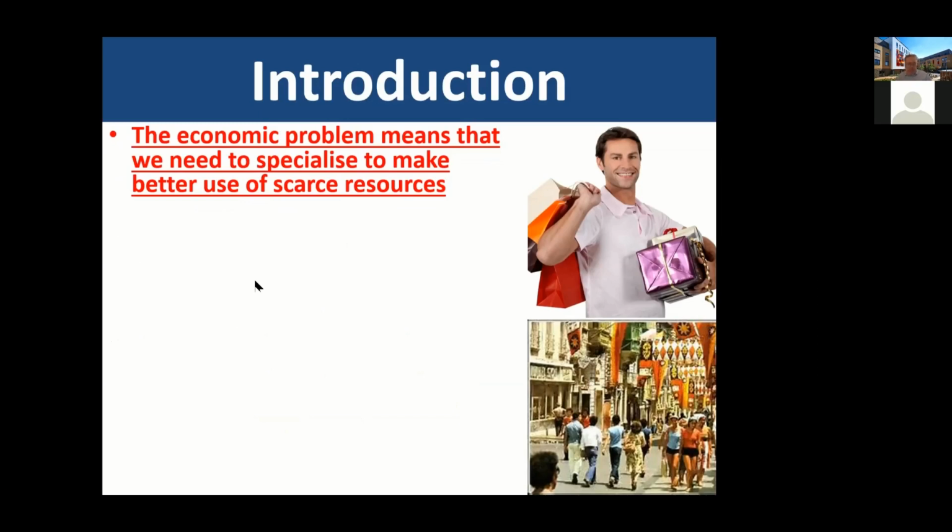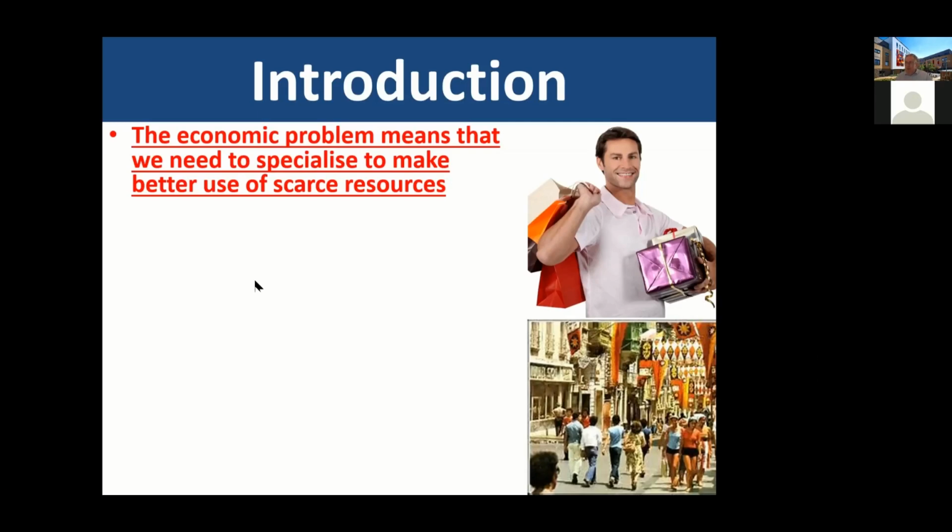Now, specialization, if you're talking about a human being, a worker specializing, Adam Smith called that the division of labor, and that's basically where an individual specializes in a certain task or a certain job which they are best at. And by specializing, an individual is able to be more productive and therefore make better use of scarce resources.